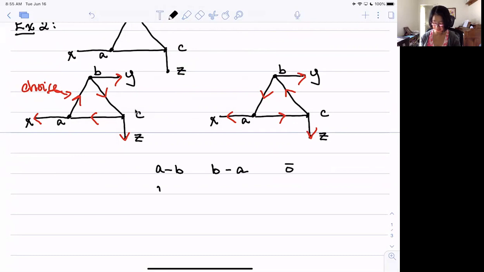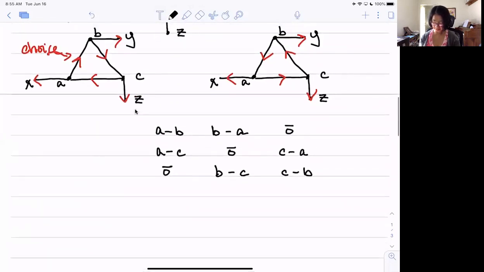The first part's the same, A minus C, C minus A, 0, B minus C, C minus B, because it's the same graph. The second part is different.